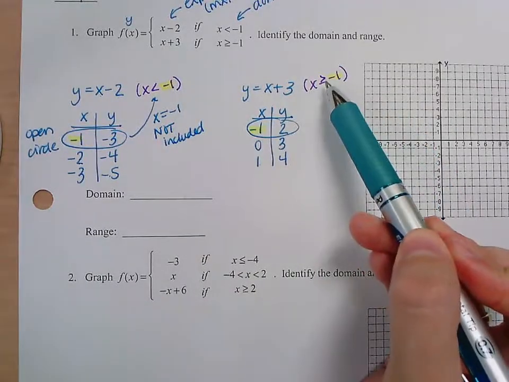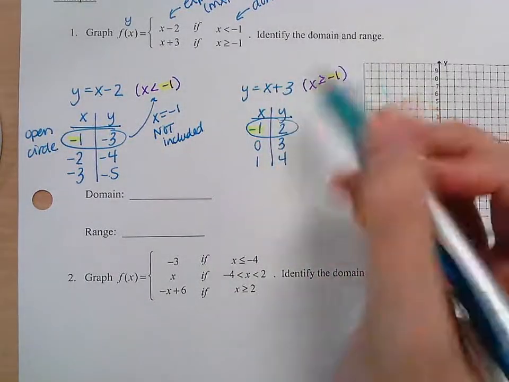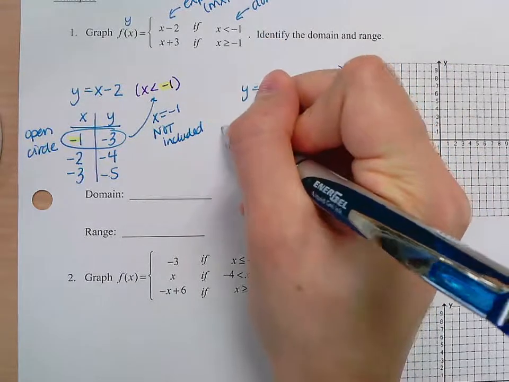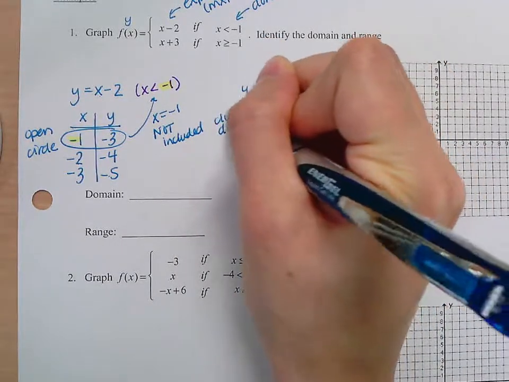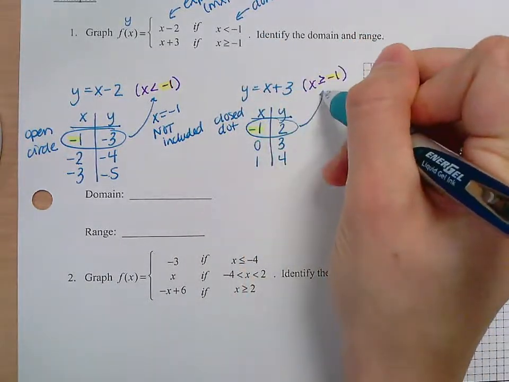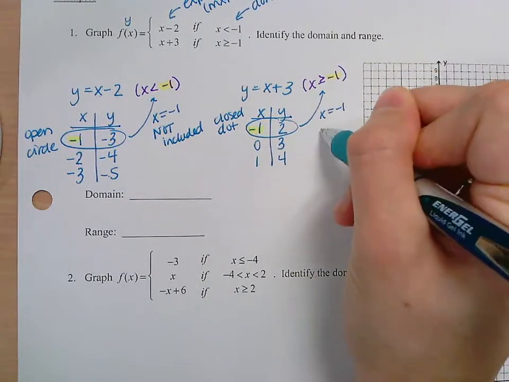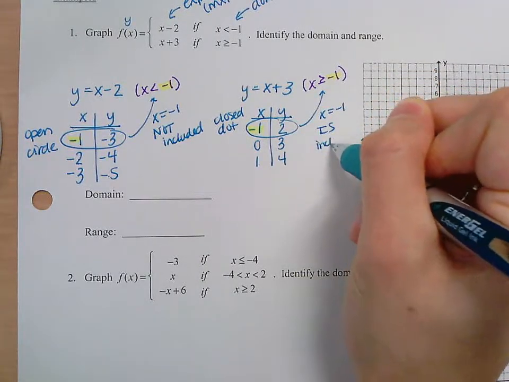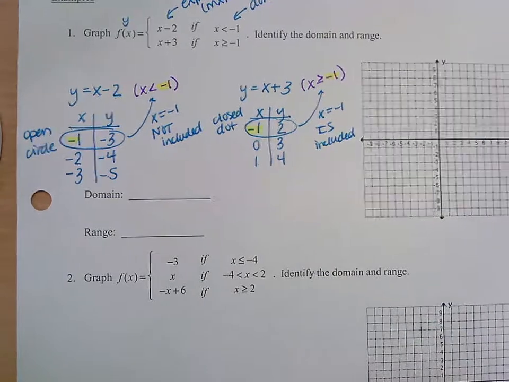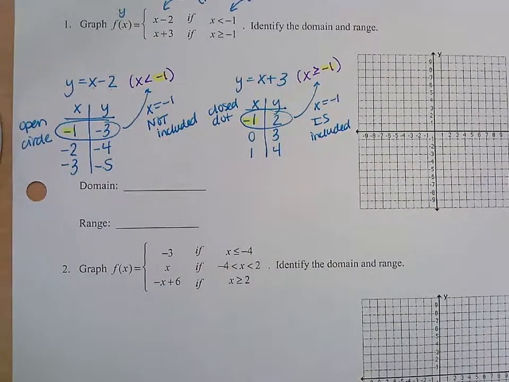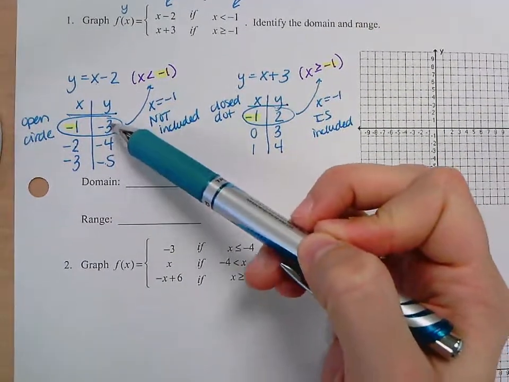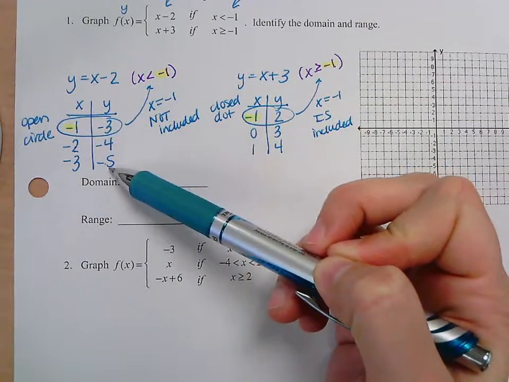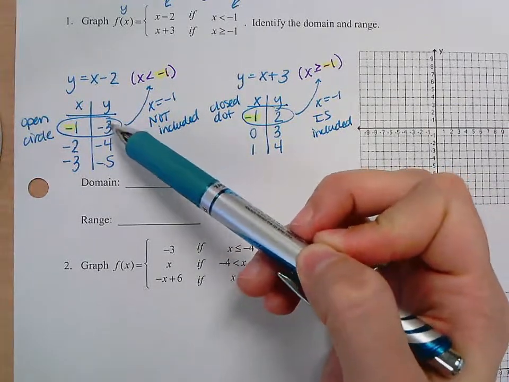But -1 is included for this one, so this point is going to be a closed dot, because x equals -1 is included. Again, it doesn't mean that all of the points in this first table are circles. It's just that endpoint.